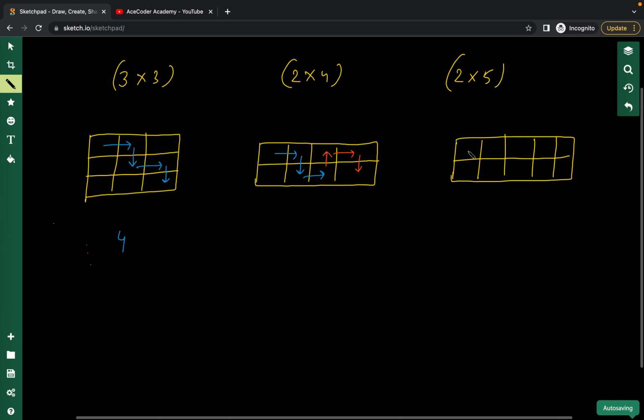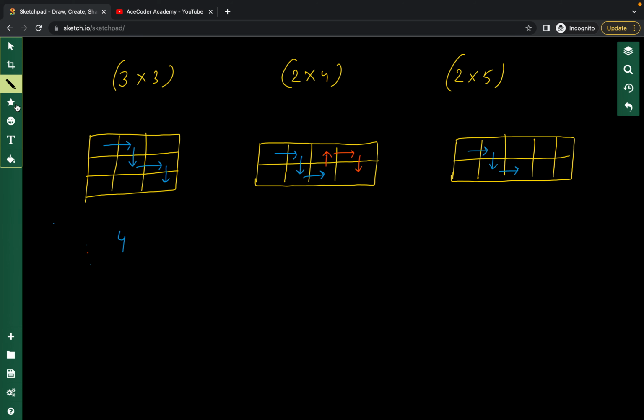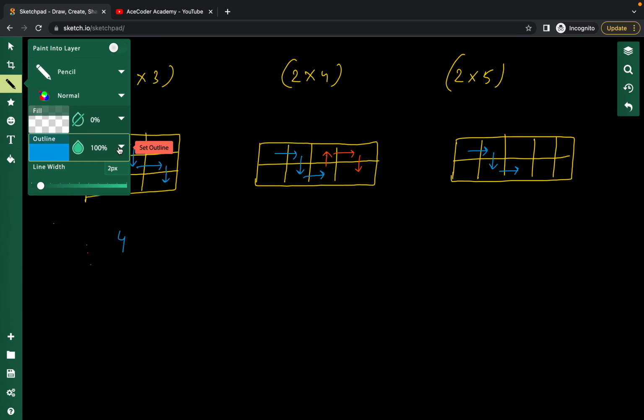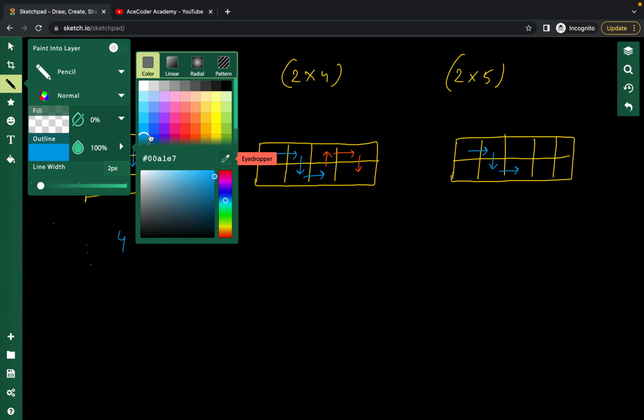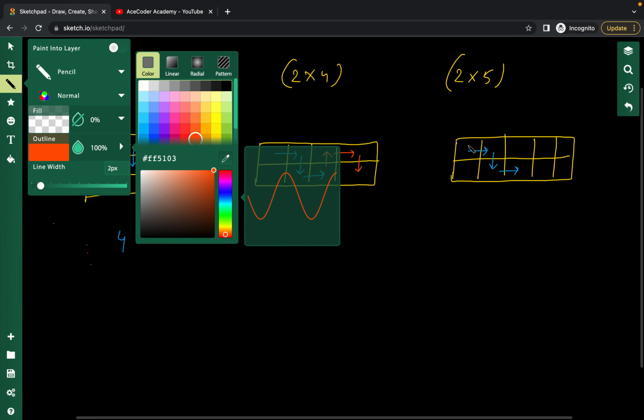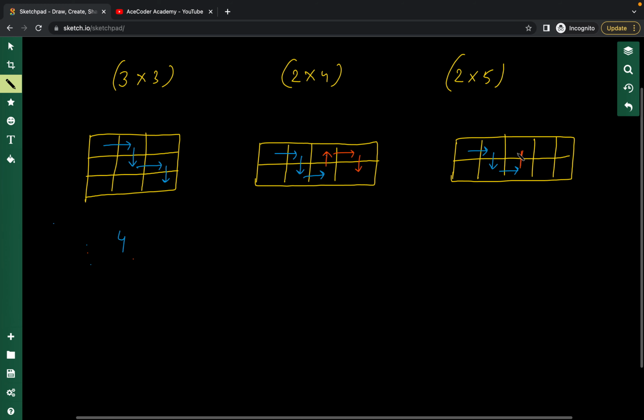And let's see for 2 cross 5. We will move right, down, right, and then from here we have to move up, right, down, and then right.